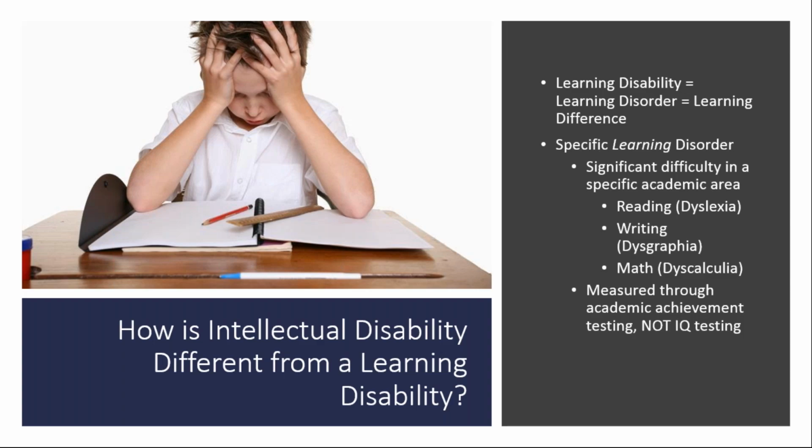And typically there's patterns that we would look for in a child's cognitive profile and how their IQ testing looks that are consistent with a specific learning disorder that is different than what we see in a child with an intellectual disability. So even though those terms can sound really similar, it's important to understand that there is a pretty significant difference between a child with an intellectual disability or a child with a learning disability.